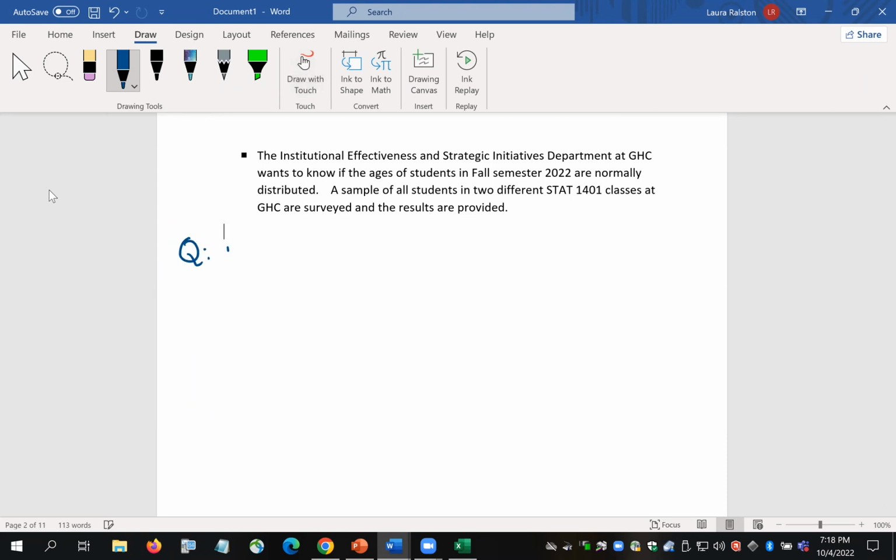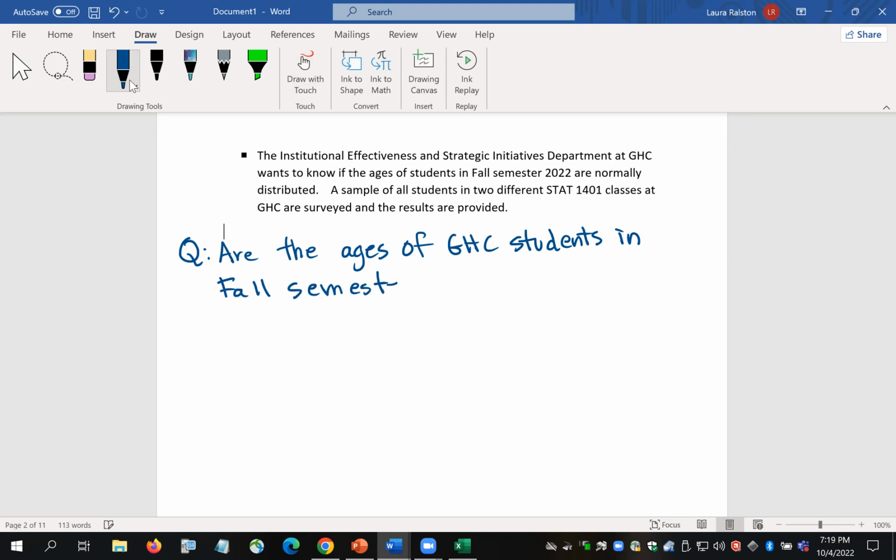The question is, or I should say, are, because it's plural, sorry, get my grammar correct: are the ages of GHC students in fall semester 2022 normally distributed?